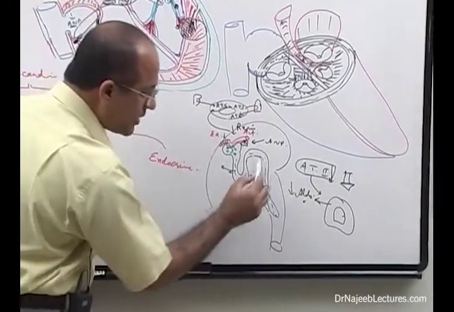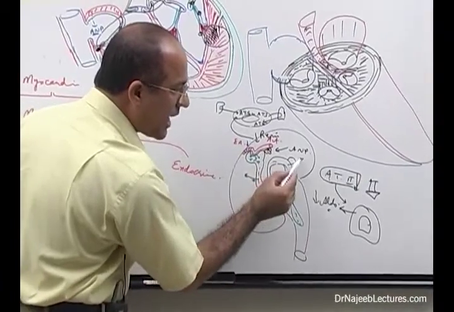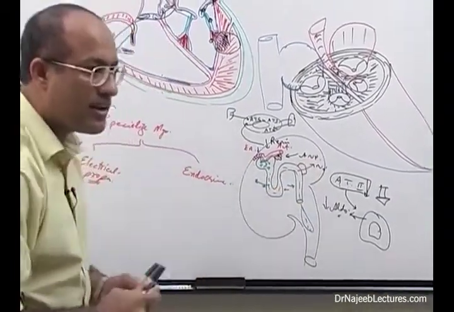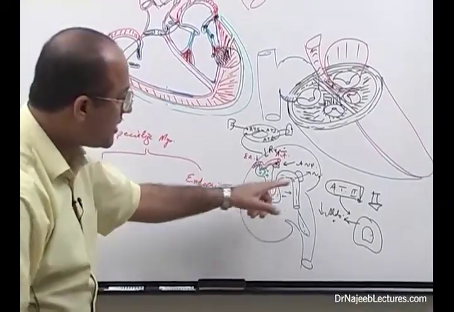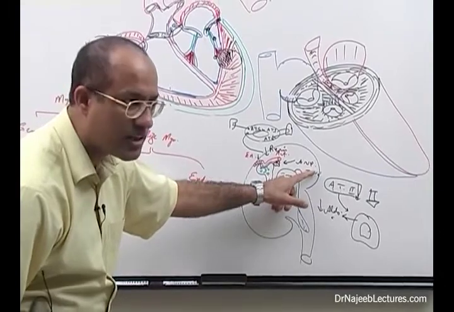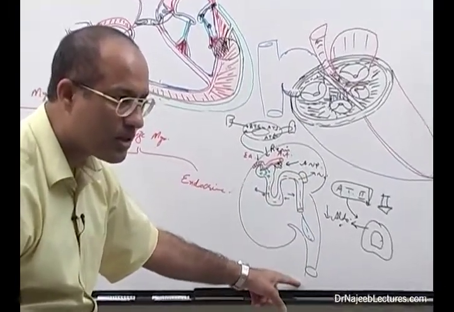One of the functions of aldosterone is that from this part of the nephron, it helps in sodium and water reabsorption. So when aldosterone is less, then aldosterone mediated salt and water reabsorption cannot be done, and this will be lost into urine.